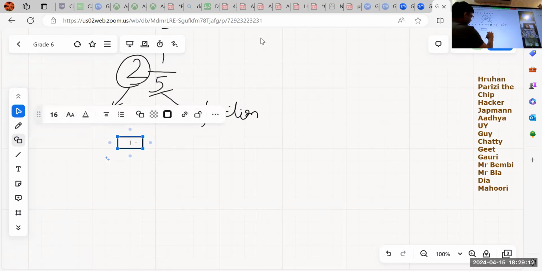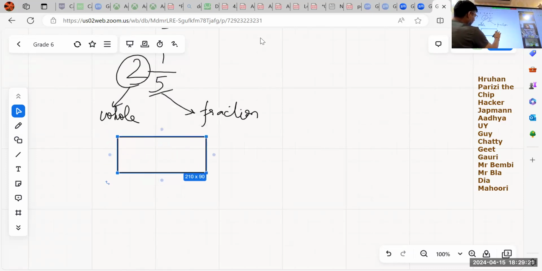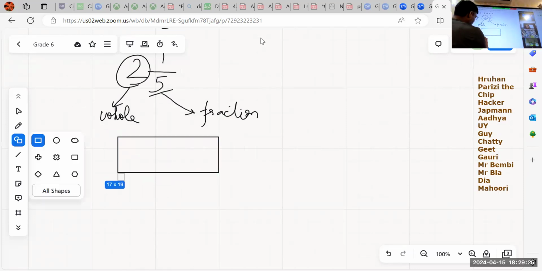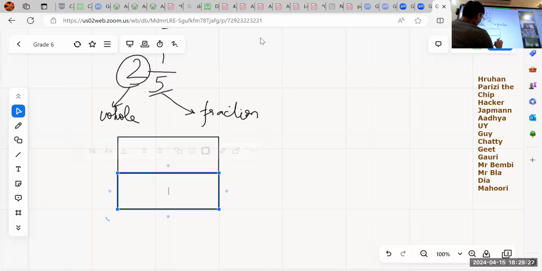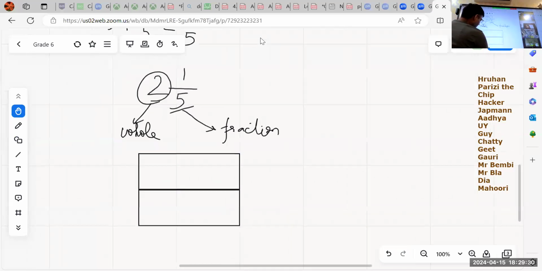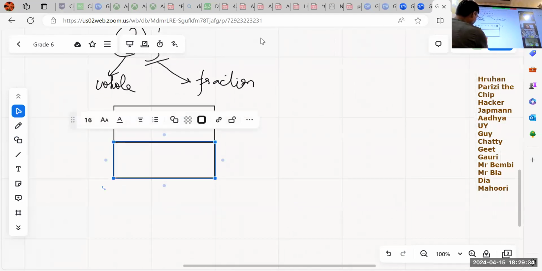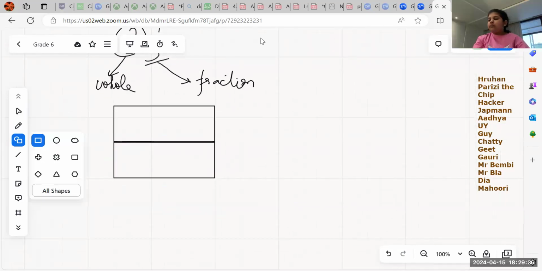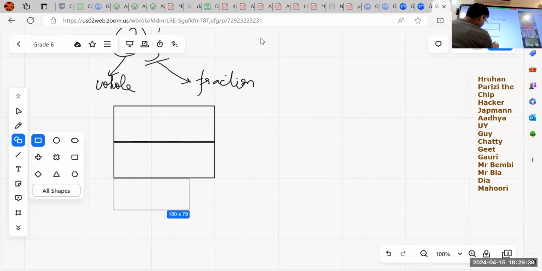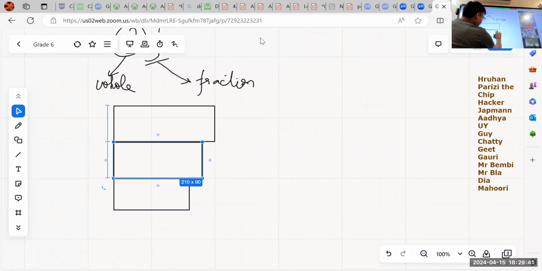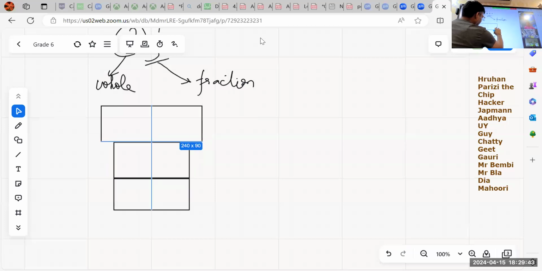If I have to represent it pictorially, I will first make a box. This is 1, then let me make one more. This is 2, then one more. This is 3, and I should make 5 columns on it.